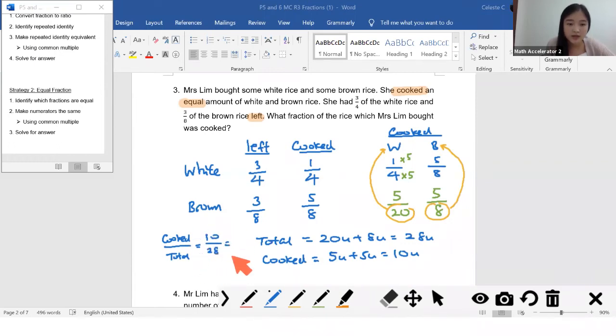Okay, can you all simplify this? What is your final answer? Five over 14, good.